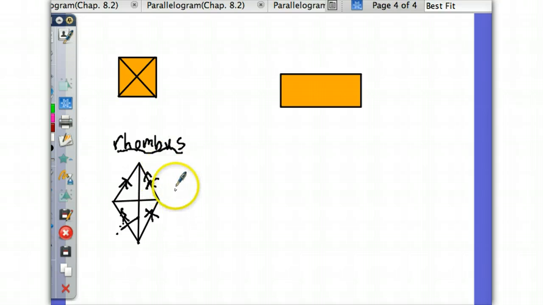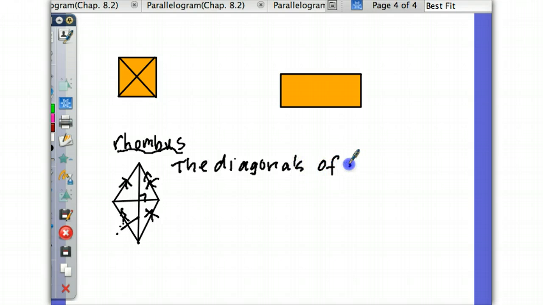So, yes, the diagonals of a rhombus, I'm going to give you a note on that. The diagonals of a rhombus are perpendicular.